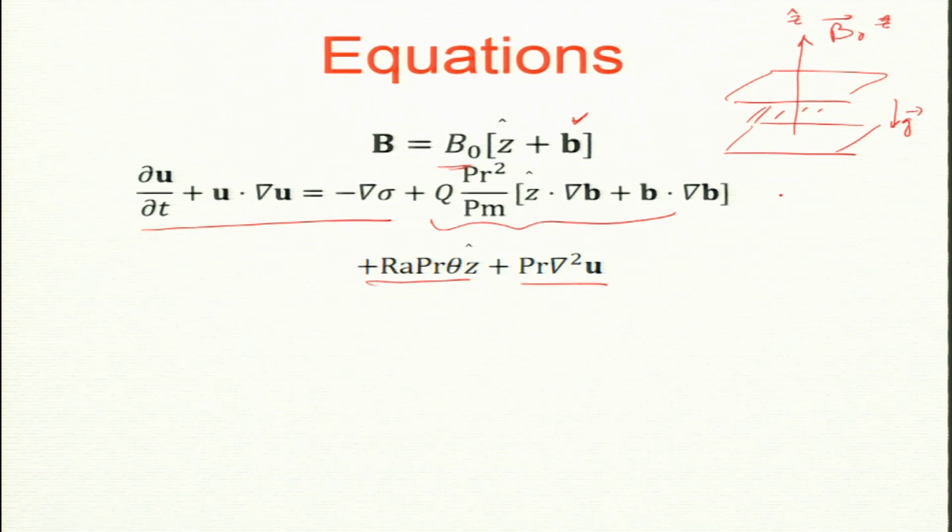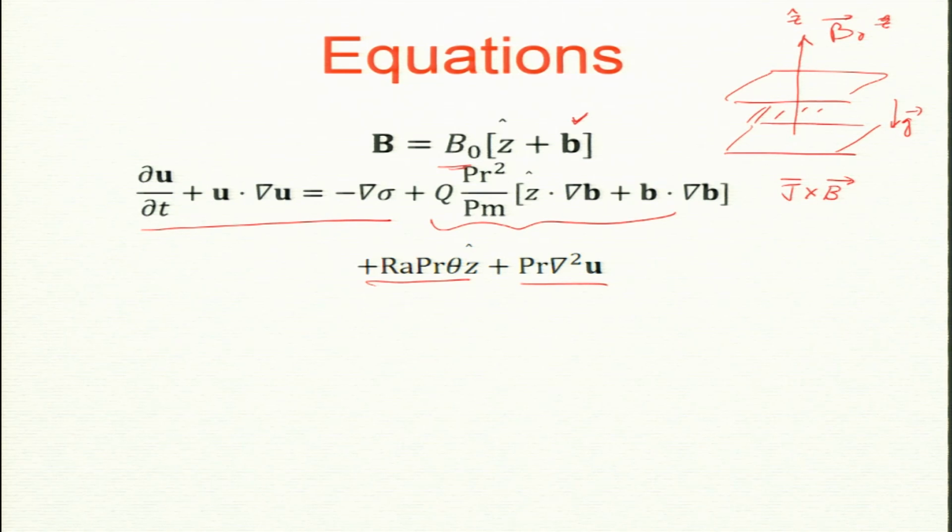It comes from the force J cross B. If there is current and there is a magnetic field, there is a J cross B force. J is like the curl of the magnetic field under certain approximation, called the MHD approximation.